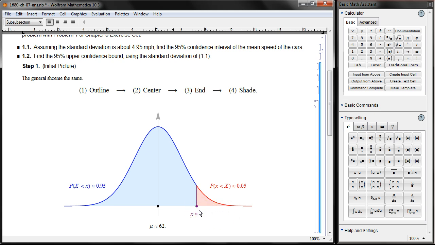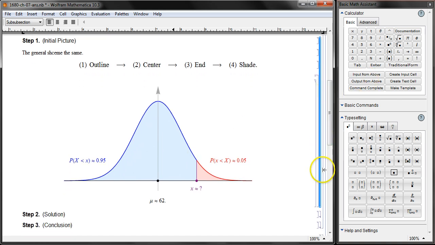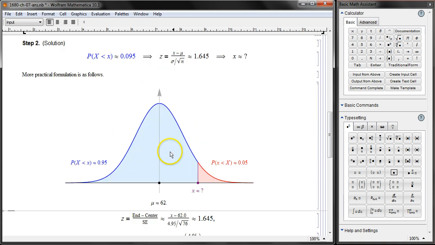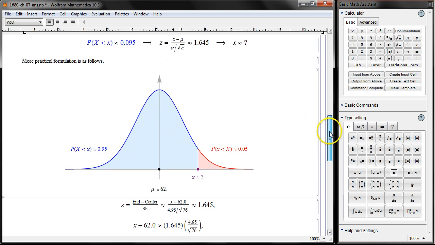Well, we use the same thing. End minus center over SE is your z-score, and the z-score has to be the left-hand side shading of 95%. Okay, I just copied and pasted this picture.